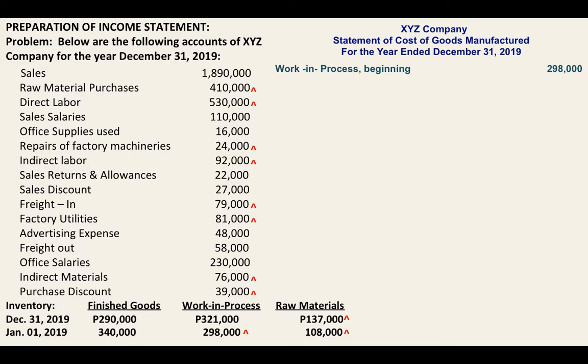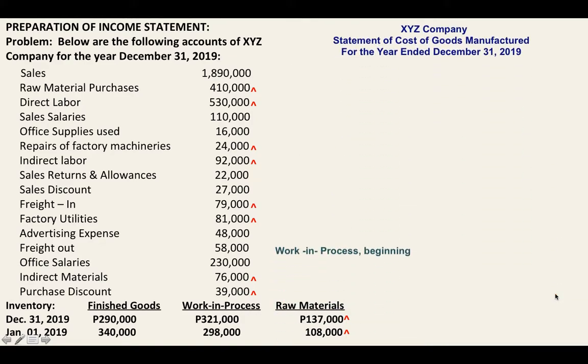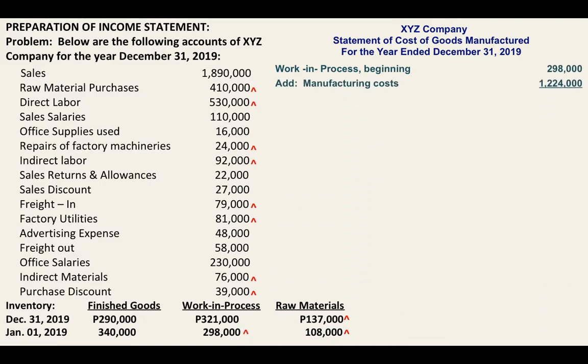We have calculated that our total manufacturing cost is 1,224,000. So we'll just present 1,224,000 in our manufacturing cost.